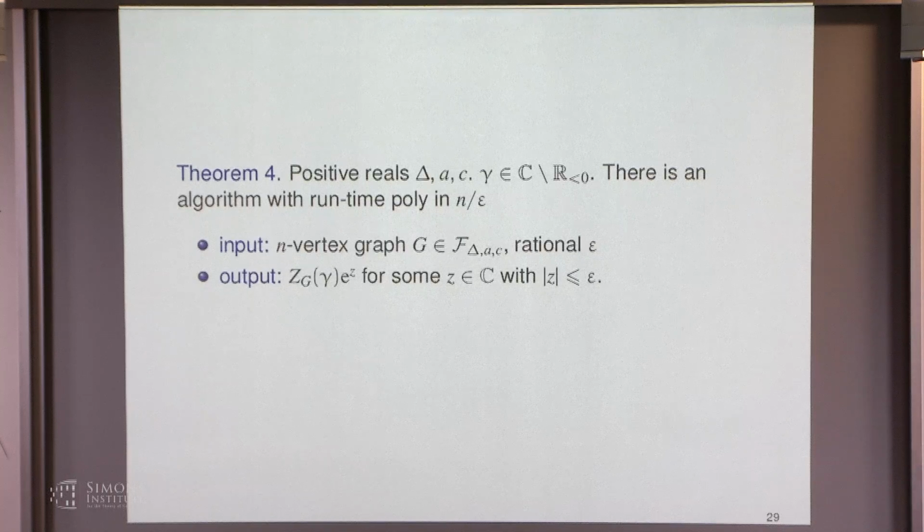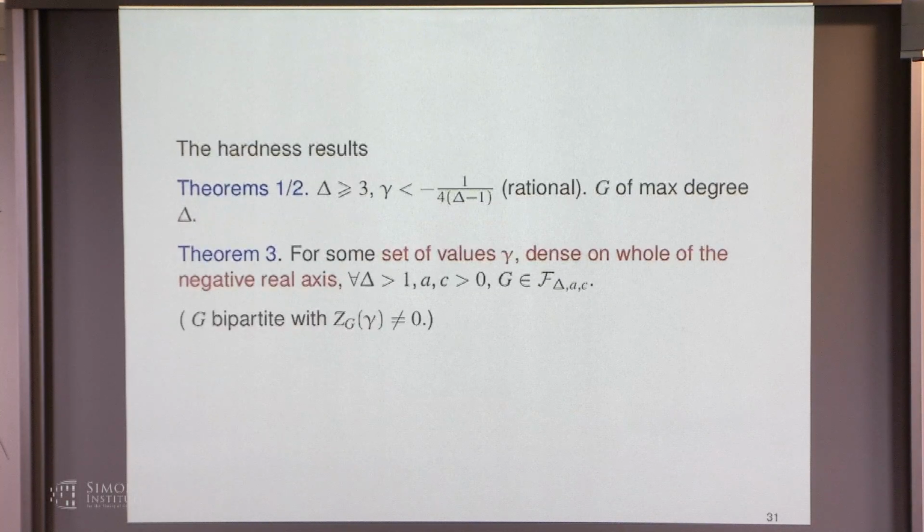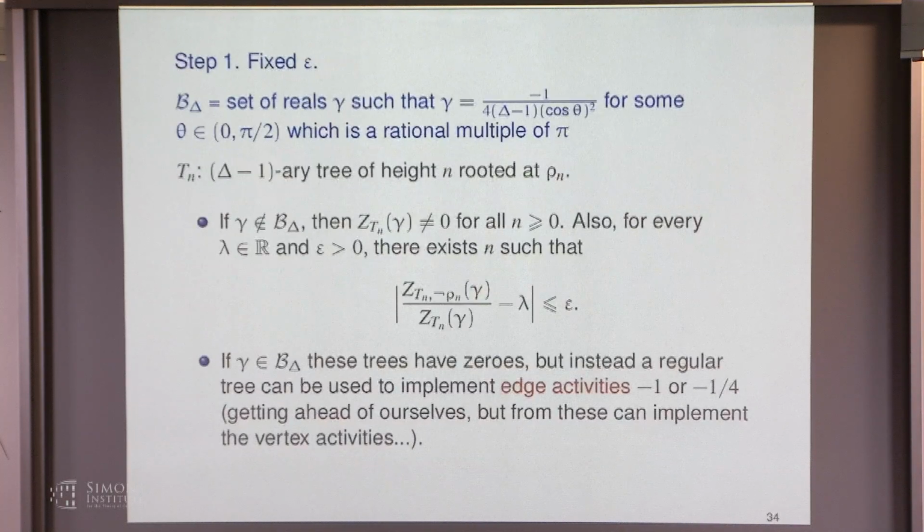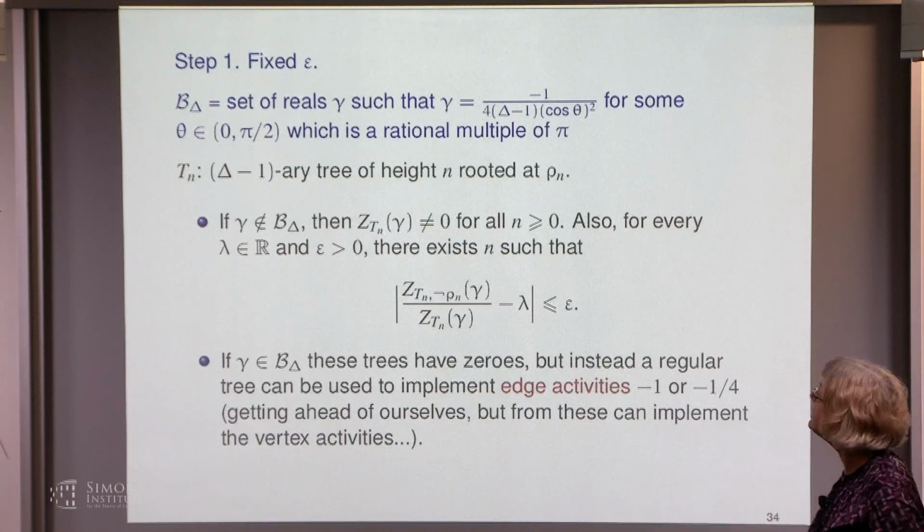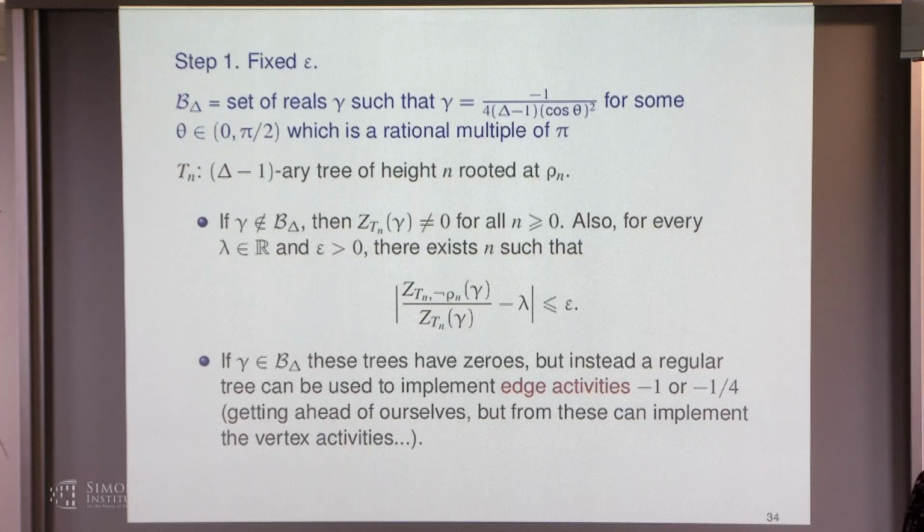Okay, in order to close, the one thing I wanted to show you is what this dense set is, just in case you're interested. These are the ones for which we actually show hardness in the connective constant. It's essentially the set of reals for which regular trees give you a zero.